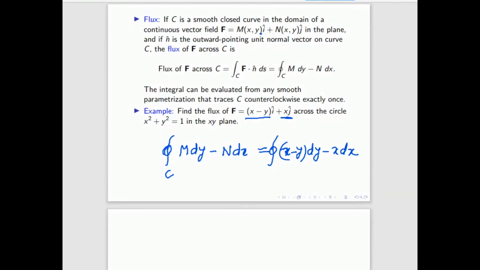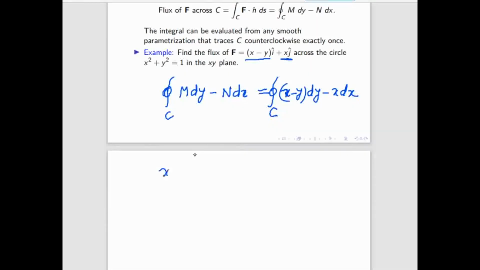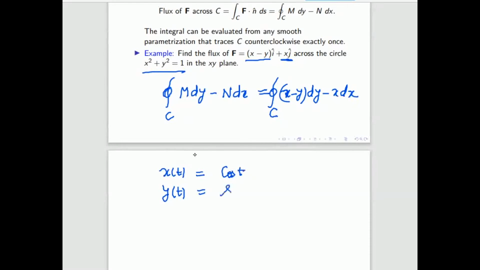So here what is the curve C? Curve C is the circle x squared plus y squared equal to 1. So what is the parametric representation of this circle? What is x(t) and what is y(t) for this circle? Cos t, sin t. That is, in terms of t, x equals cos t and y equals sin t.